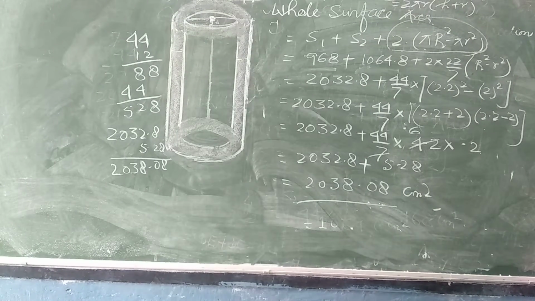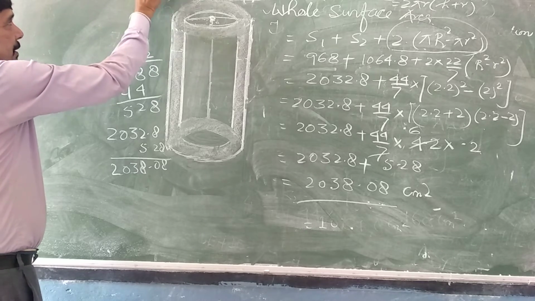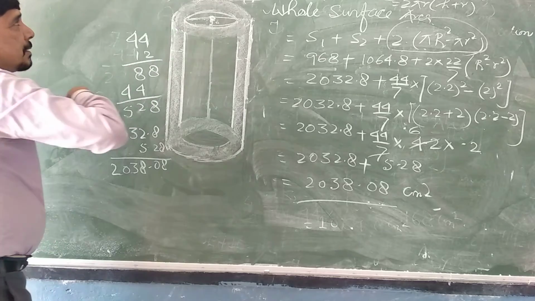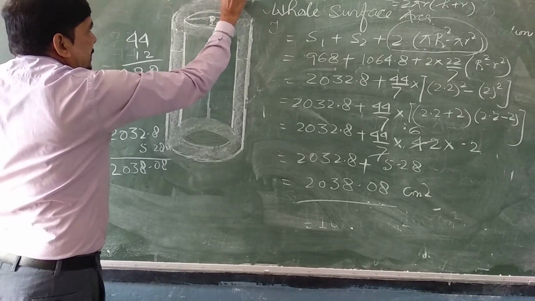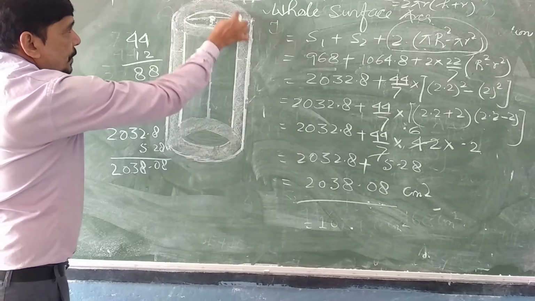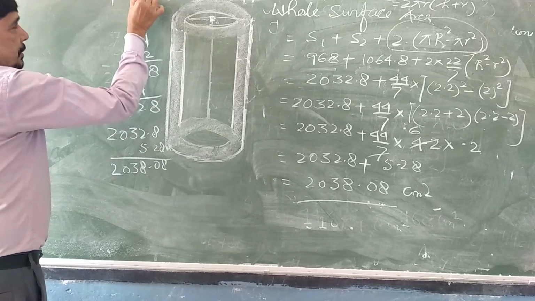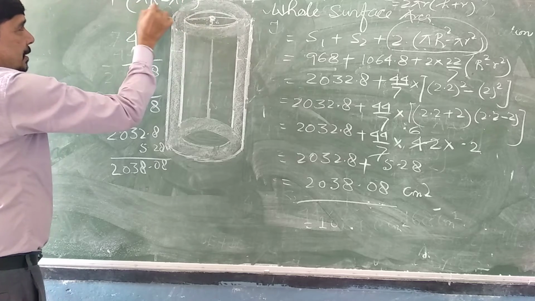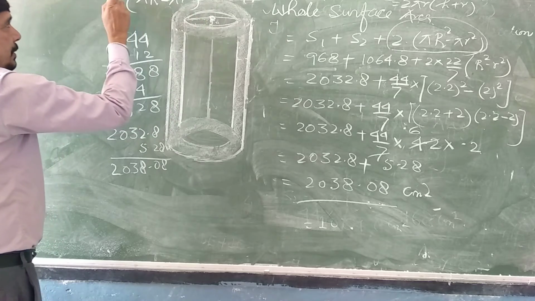The outer surface area is 2 pi capital R into h, plus inner surface area 2 pi small r h, plus area of both circular ends. The area of one circular end is equal to pi capital R square minus pi small r square, and the same thing is here also, so 2 times.